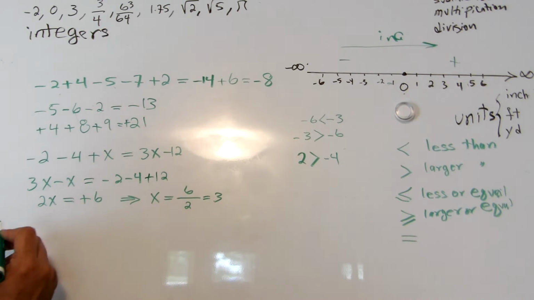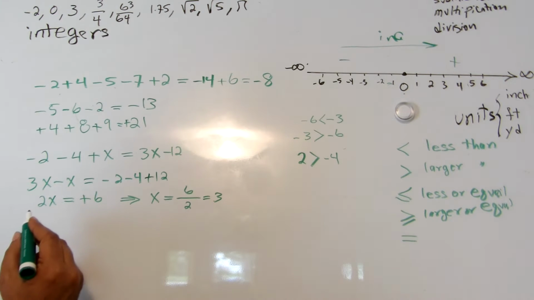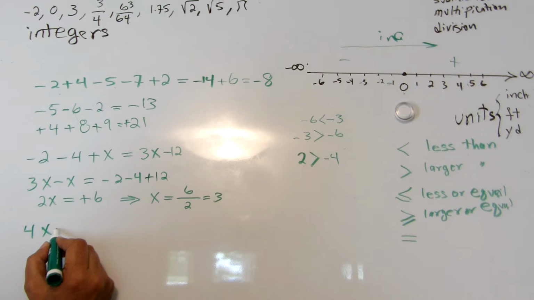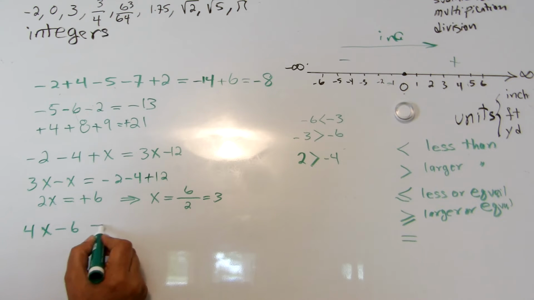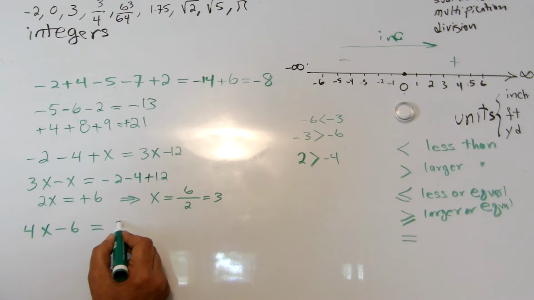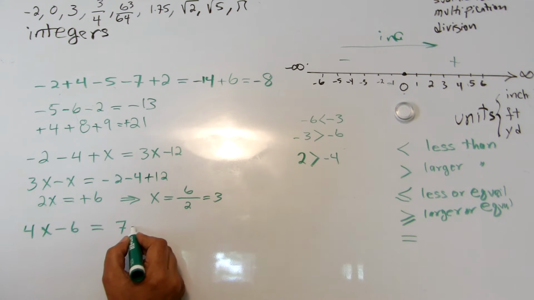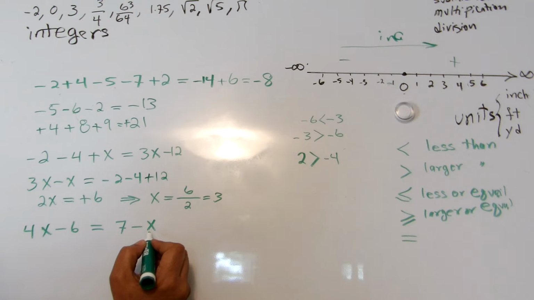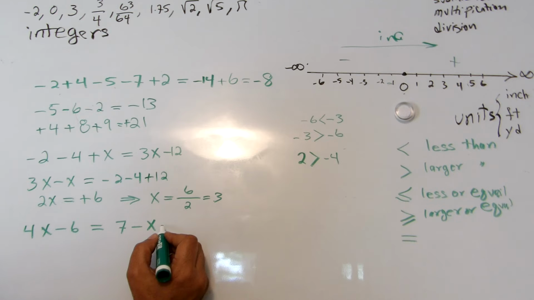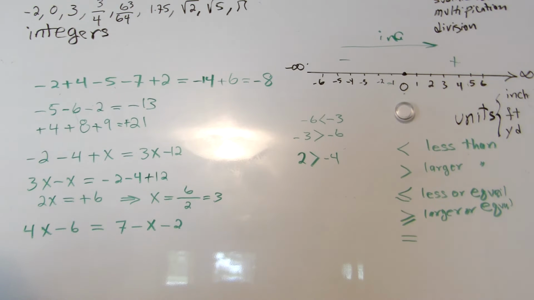Let me give you another example and then we go to the next part. We have 4x minus 6 is equal to 7 minus x minus 2. Now this is the equation, you want to find the value of x. You bring x this way and bring the numbers to the other side.